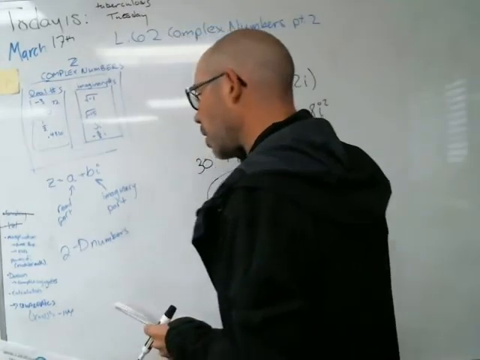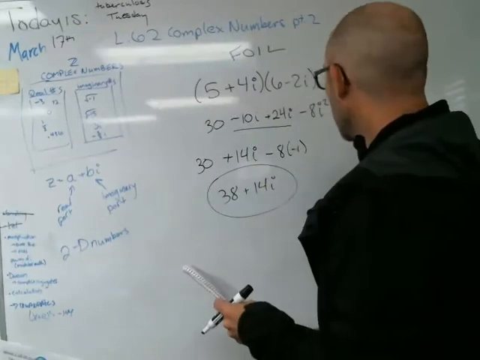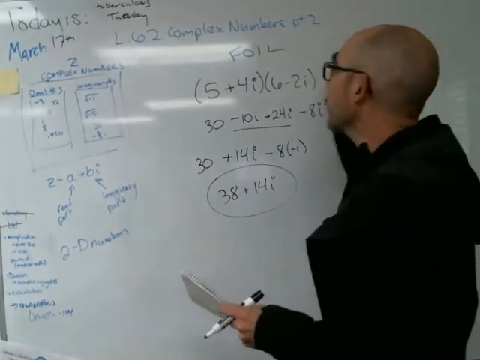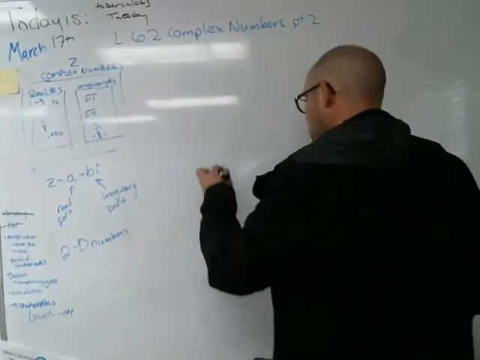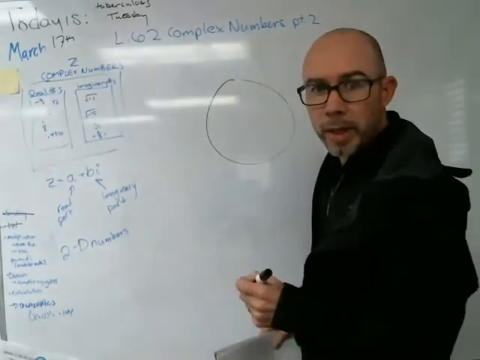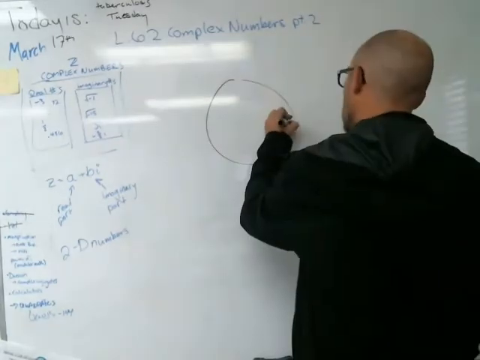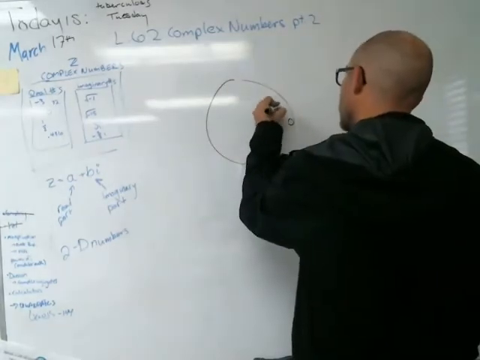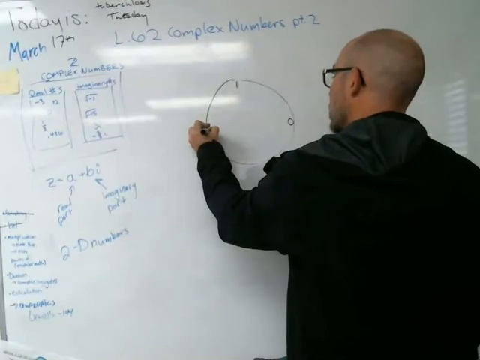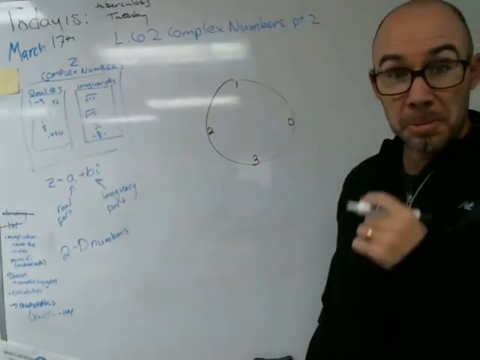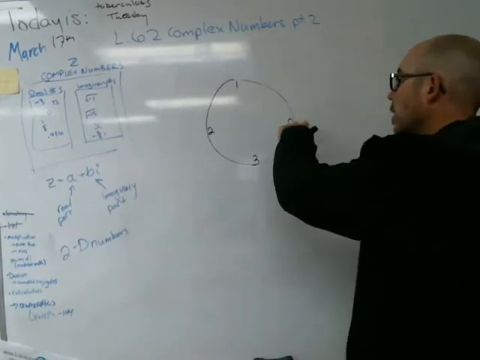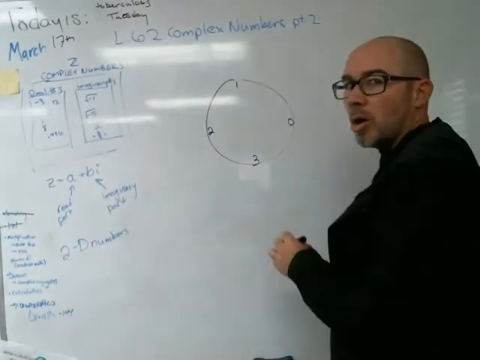I also need to talk about powers of i and a kind of math called modular math. Doesn't that sound fun? Let's imagine that we've got a really weird clock, okay? And this clock only has 4 numbers on it. 0, 1, 2, and 3. And so we start our clock here, and our clock is going to go anti-clockwise.